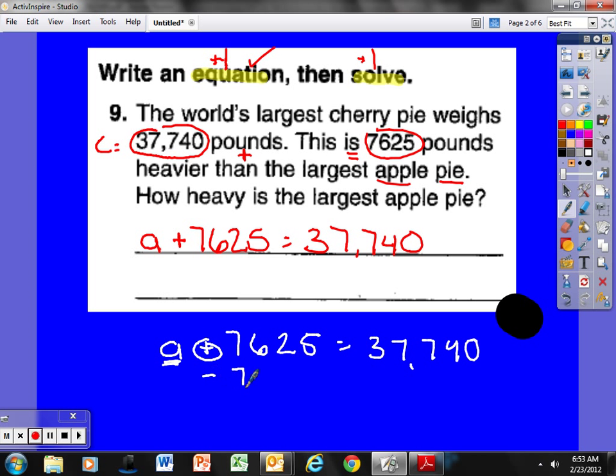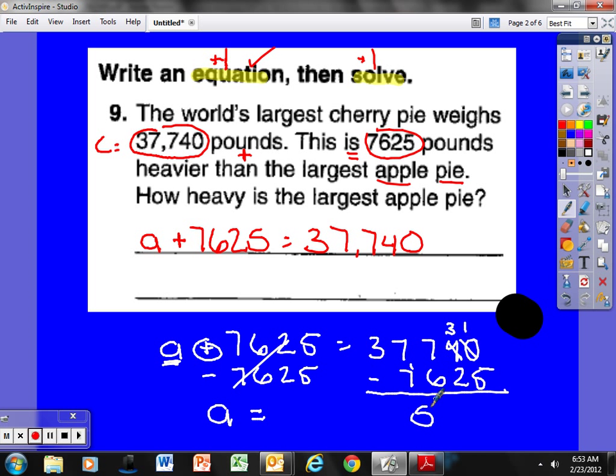So minus 7,625 minus 7,625. That cancels this out, so all I'm left with on this side of the equation is A equals, little subtraction here, that becomes 10, that becomes a 3. 10 minus 5 is 5, 3 minus 2 is 1, 7 minus 6 is 1, 7 minus 7 is 0, 3 minus 0 is 3.